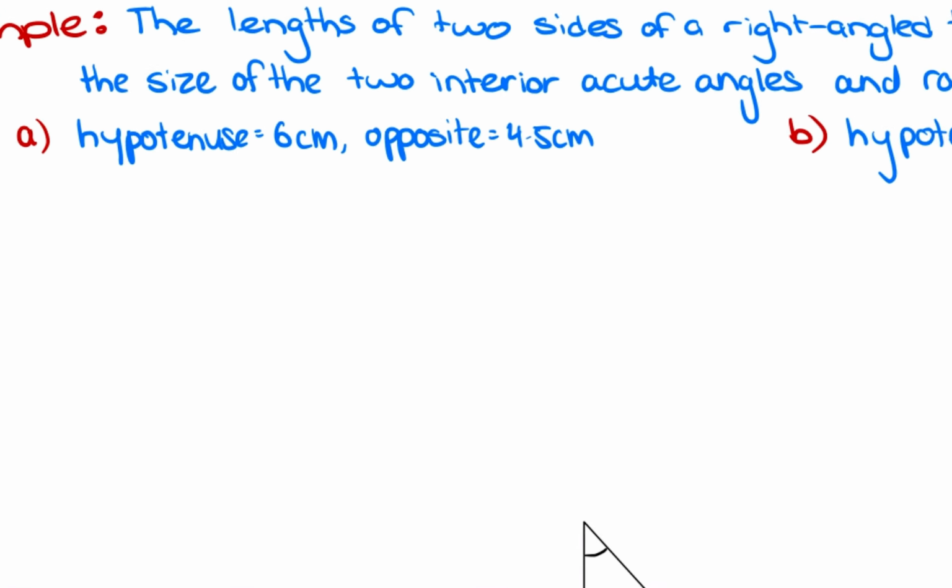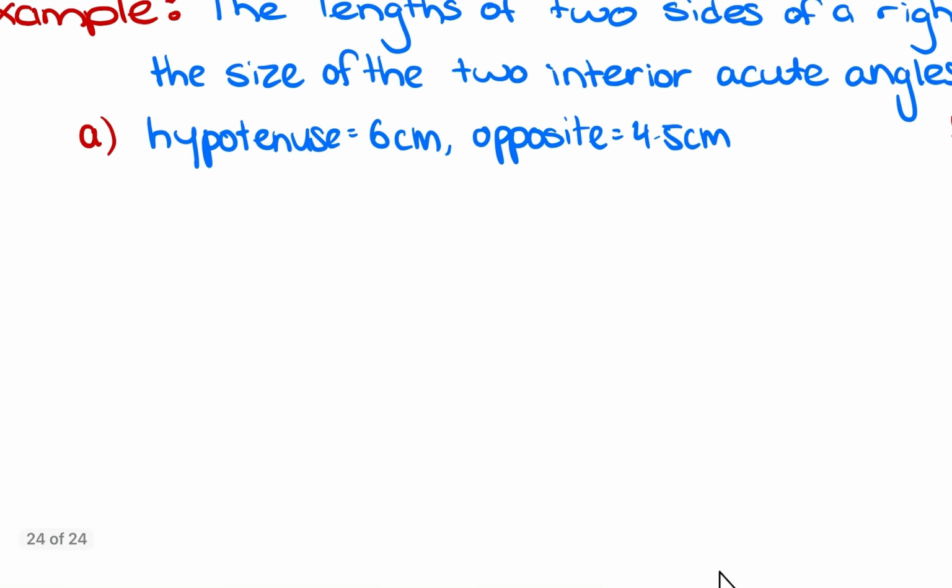Looking at our first example, we've got the hypotenuse and the opposite. Since I've got H and O, I'm going to be using sine. So here we're going to start with sine O over H. It's really helpful to write it out as the formula first because it reduces mistakes. Our opposite is 4.5 and our hypotenuse is 6.